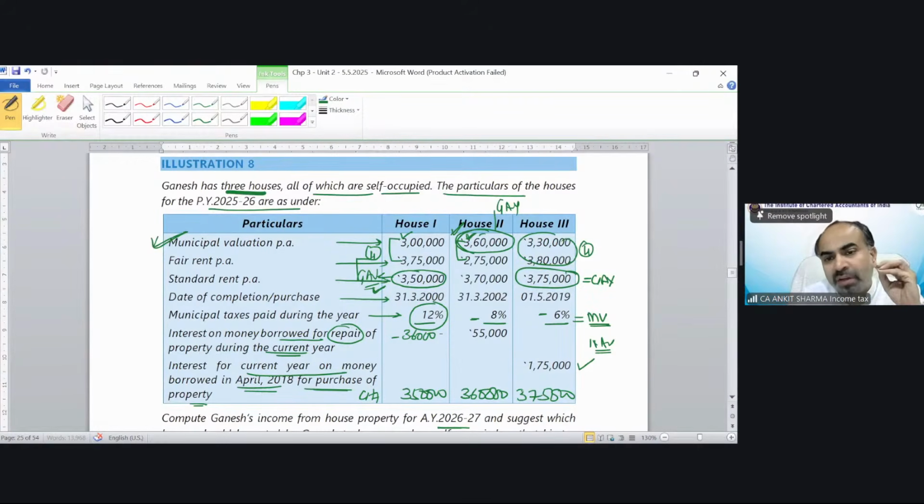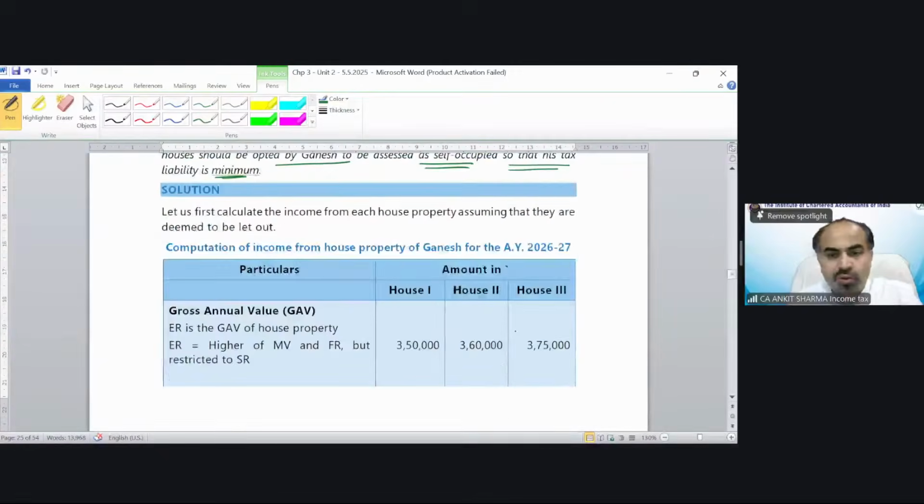We are just solving these properties as per case D, assuming them deemed let out. After reducing municipal tax and the 30% deduction, now we will reduce interest. Because that's a deemed let out case, there is no restriction on interest for repair, etc. Full 55 we can reduce in this case, and full 175 we can reduce in this. So let me show you the solution.